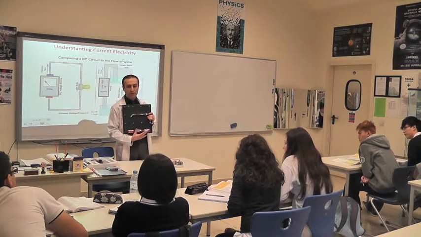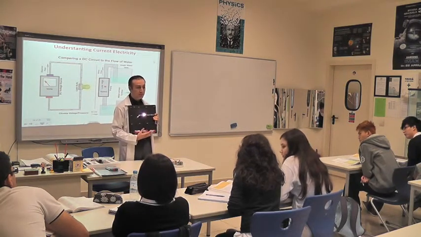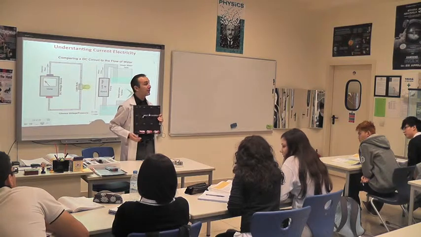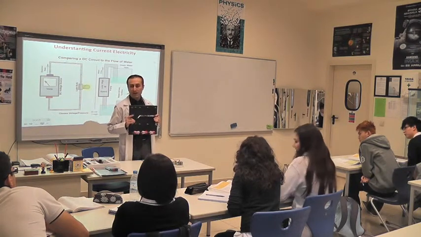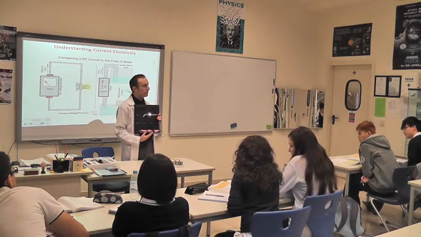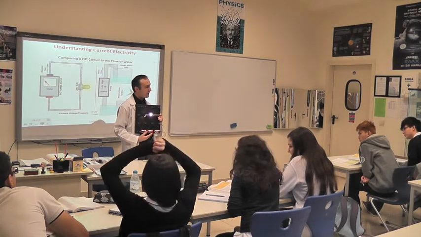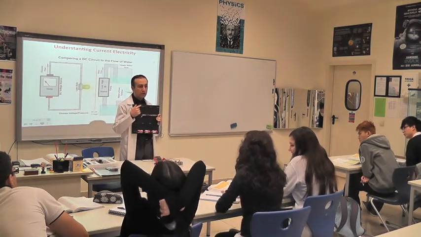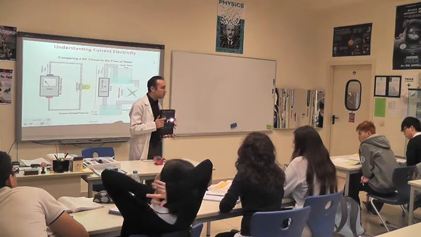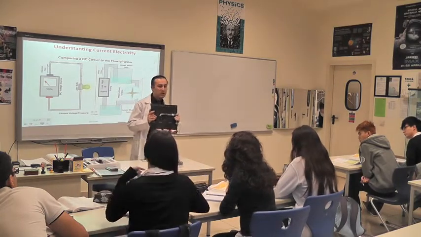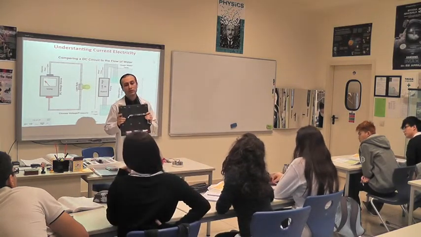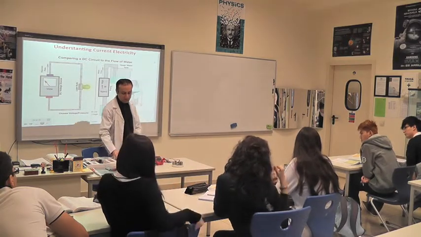The voltage provided by the cell, or in other words the EMF, electromotive force of the cell, is equal to the total amount of energy given to each coulomb of charge in the circuit. Okay, let's write this down.